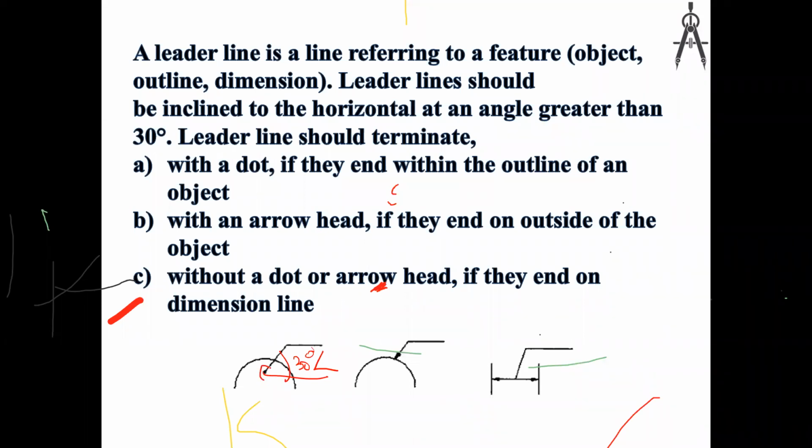You can use a dot or arrow, or for these gaps you can use it without any dot or arrow, putting it directly on the dimension. If there is not enough space to write here, you can put a leader and write the length. For a round feature, you can put a leader and show that this is R50 or whatever.